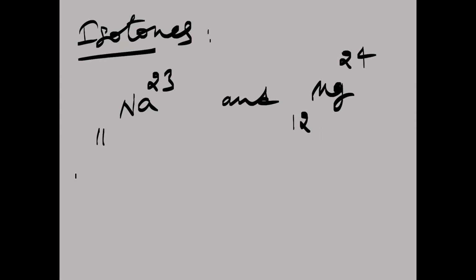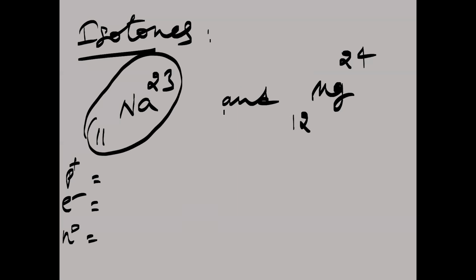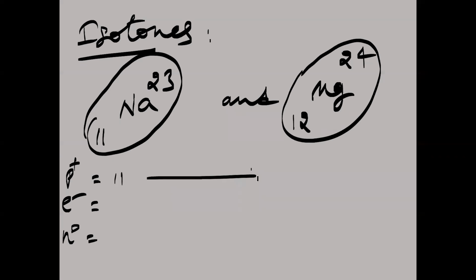Here tell me the protons number, electrons number, neutrons number in these. This one is the sodium atom, this is the magnesium atom. What is the number of protons here? 11 protons. Here, sorry, 12 protons.